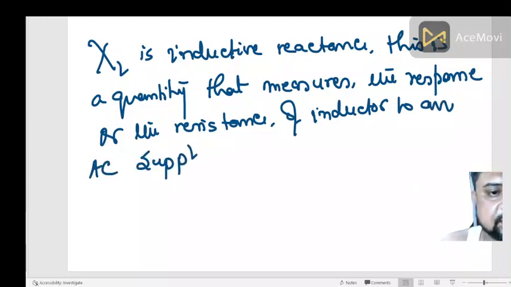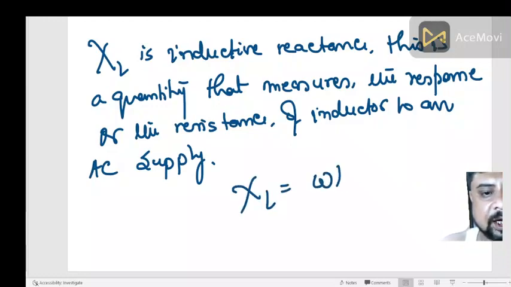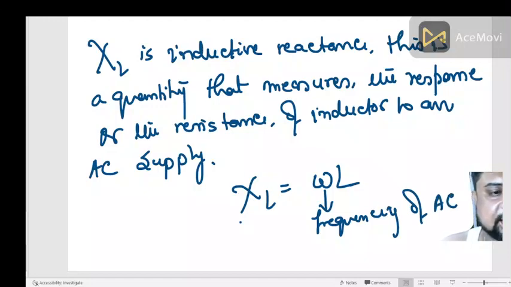This is the term which is used. And XL is omega L. Omega is the frequency of AC.